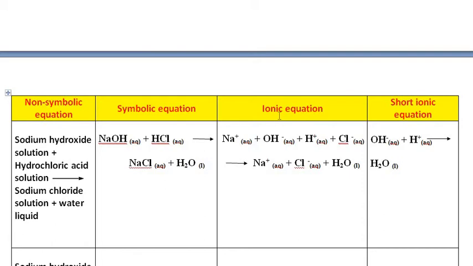The third type of equation is called the ionic equation. This equation is obtained from the symbolic equation by ionization of all substances denoted by aqueous. In aqueous solutions, solutes like sodium hydroxide dissociate into positive and negative ions. In the same way, aqueous hydrochloric acid is ionized or dissociated in water into hydrogen ions and chloride ions.